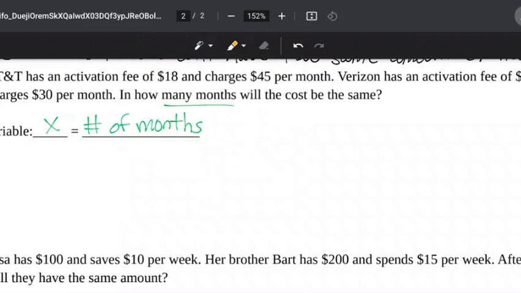So, AT&T has an activation fee of $18 and charges $45 per month. So because charges you might think means subtraction, but we are finding a total amount of charge that AT&T and Verizon is. So we are combining our $18 charges with our $45 a month charge. So that's why it is addition. Verizon has an activation fee of $48 and charges $30 per month.